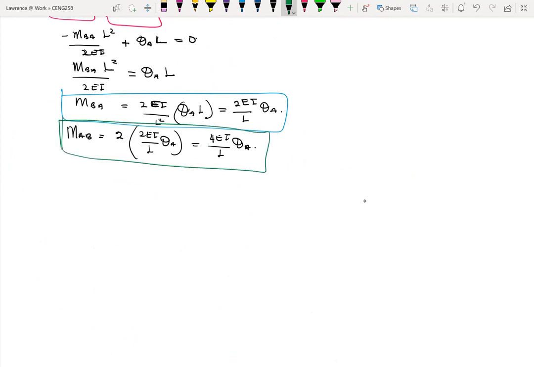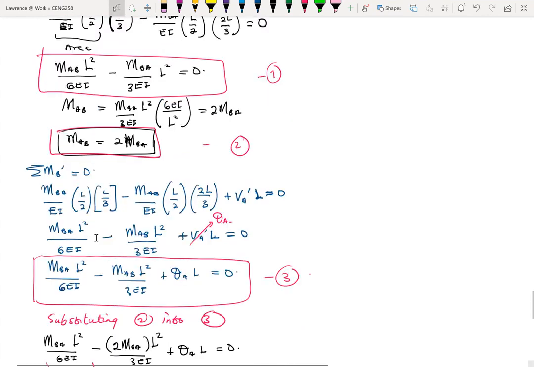So we found theta A in terms of the moments. Then you also need to find theta B in terms of the moments, delta in terms of the moments, and then the external loads in terms of the moments. Then we sum everything up to give us the end moments.